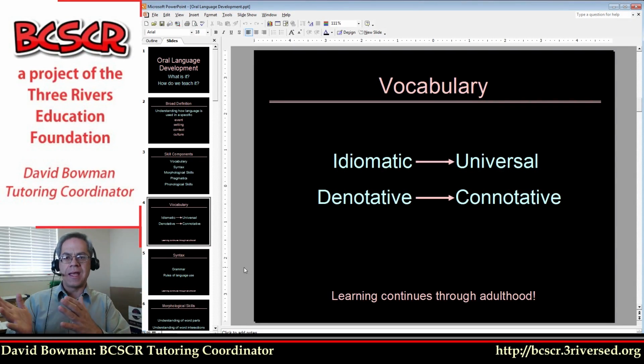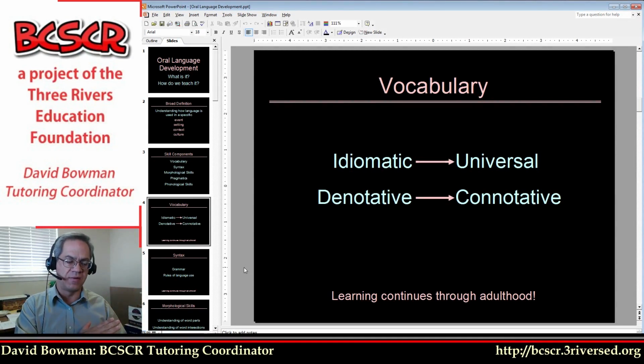We're also looking at the spectrum from denotative meanings, in the dictionary, this is the definition, to more connotative meanings, which is here's what these words imply. This is the more nuanced language. The word may have a specific definition, but here's how people interpret this word when they hear it or when they read it. So we're looking at those spectra around vocabulary use, from individual denotative all the way through universal and connotative language use.